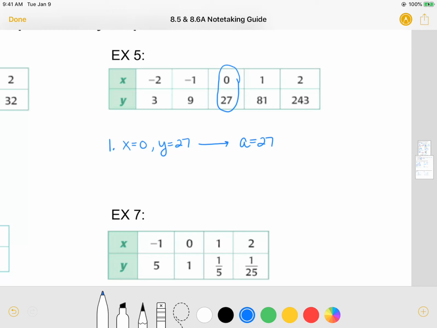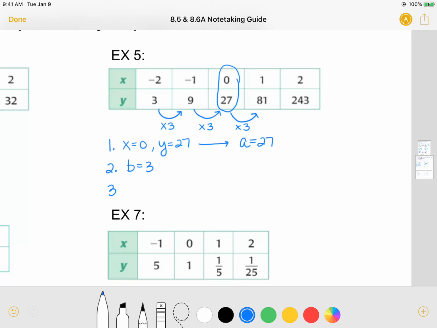Next, what we're going to do is find our common multiplier. Okay, so 3 times what gives us 9? Well, 3 times 3 gives us 9. And 9 times 3 gives us 27. And 27 times 3 gives us 81. So our common multiplier, b, is equal to 3.